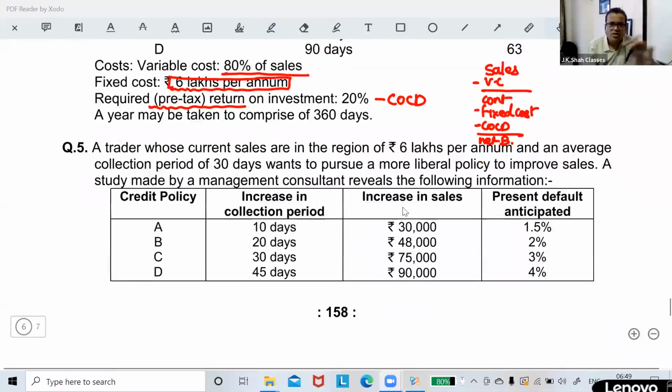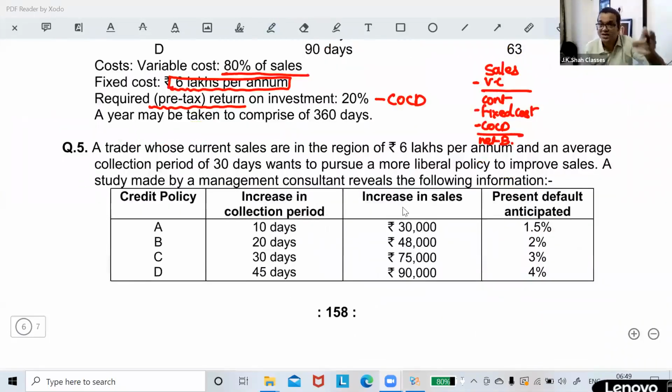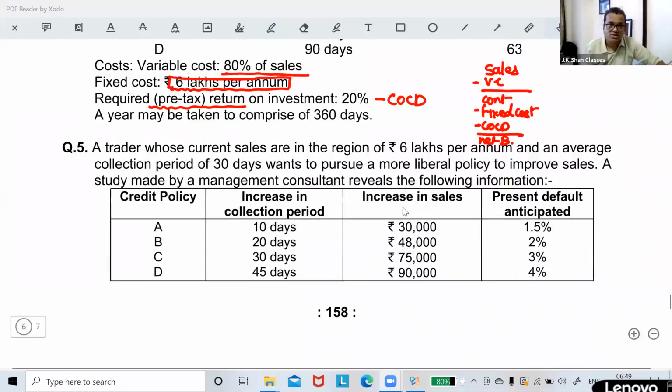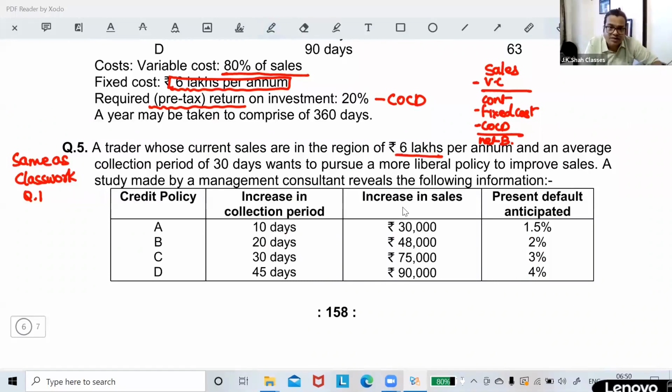Now you will find this quite similar to classwork question 1. A trader whose current sale is in the region of 6 lakh, and an average collection period of 30 days, wants to pursue a more liberal policy to improve sales.